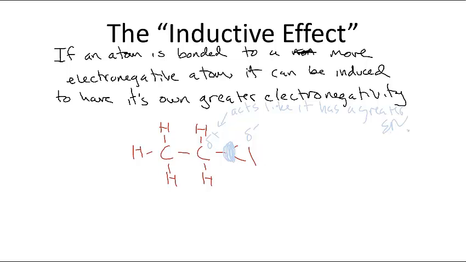So what it actually does is it induces a very slight partial positive on the neighboring atom. So when we normally think that this C-C bond is nonpolar, because the Cl is pulling electrons away from the C on the right, what you're actually going to get is a very small partially positive charge on the C on the left.